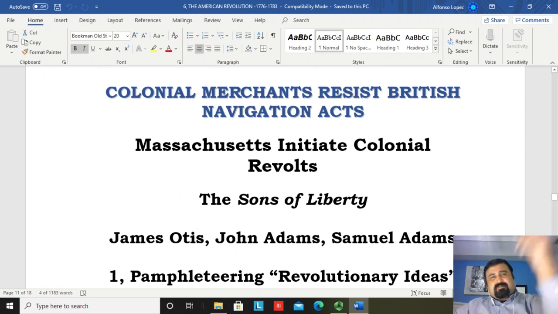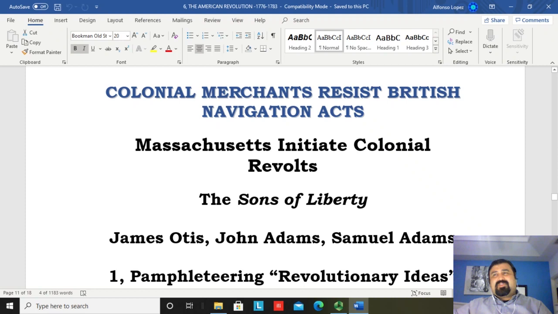Like I mentioned, they're affected because either they're displaced completely from that activity, from that trade, or they have to pay simply higher taxes just to import those products. So they're affected directly. Okay, so the merchant class in the colonies are going to be the ones that are beginning to organize the revolts or the resistance against the Navigation Acts.